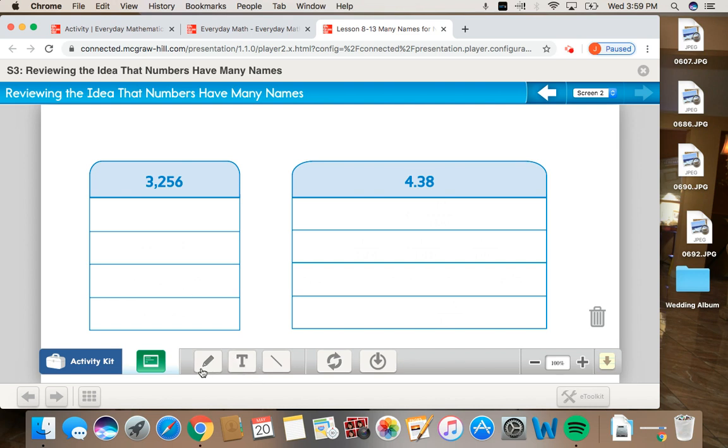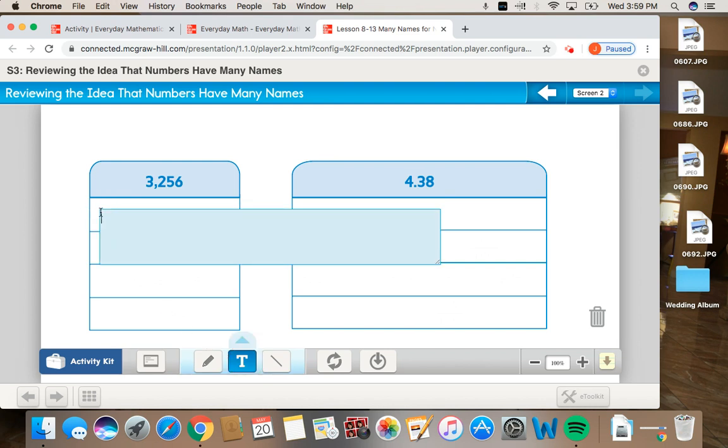Okay, so here's some things that I came up with. I started with an addition problem, and I wanted to arrive at 3,256. So in order to get that, I actually did the opposite. I did some subtracting to come up with it.